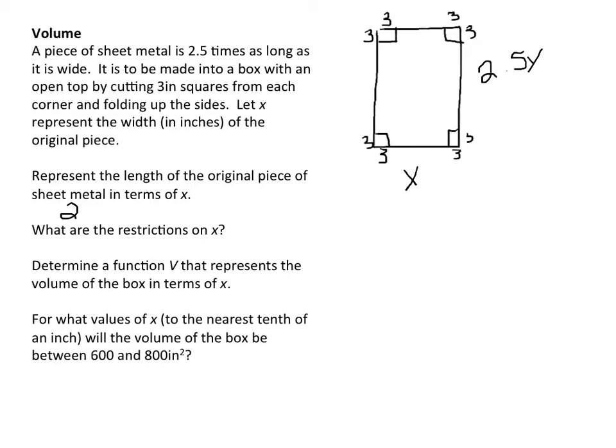So represent the length of the original piece of sheet metal in terms of x. Well, it's just 2.5 times x. What are the restrictions on x? Well, we know that x has to be bigger than 6. Determine a function v that represents the volume of the box in terms of x. So for that, volume is length times width times height.